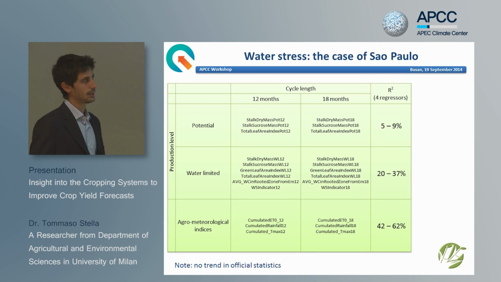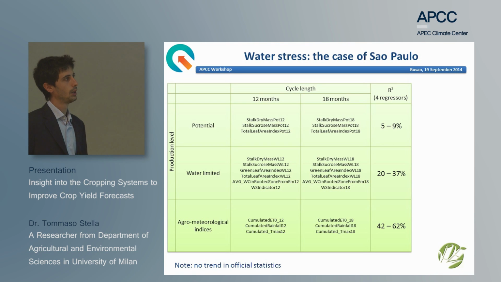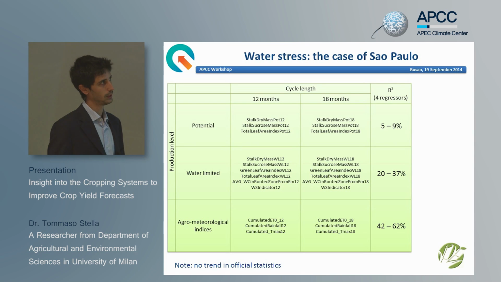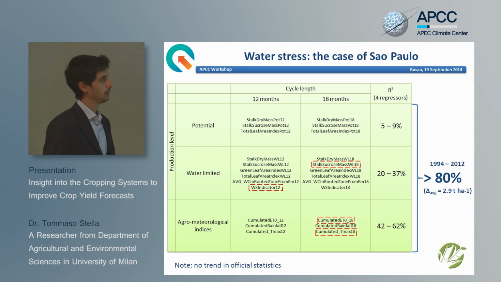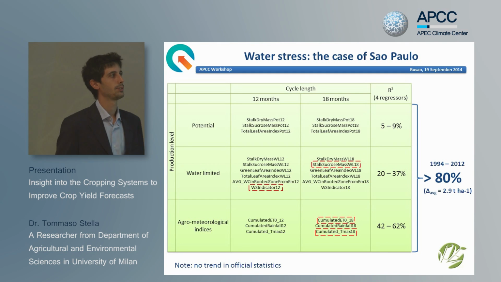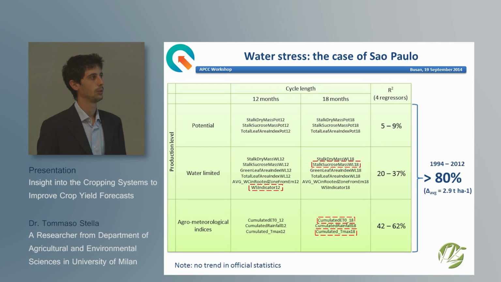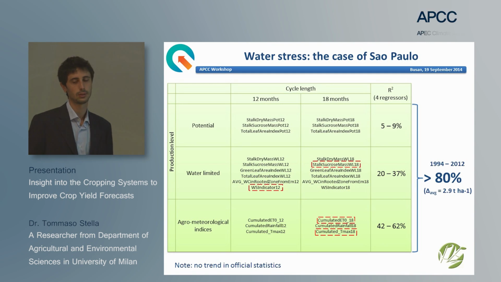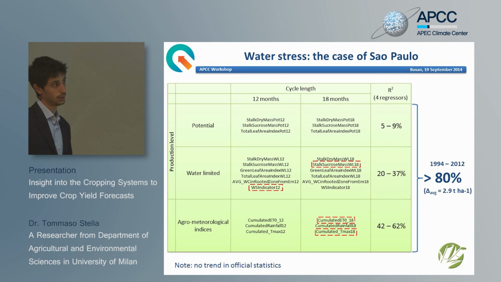However, the best combination, if you put together all these indicators and choose 4 of them, was composed both of water-limited indicators and agrometeorological indices, and it could explain more than 80% of the interannual variability with an average error of 2.9 tons per hectare, which is not so much if you think that sugarcane can produce 60, 70 tons per hectare each cycle.